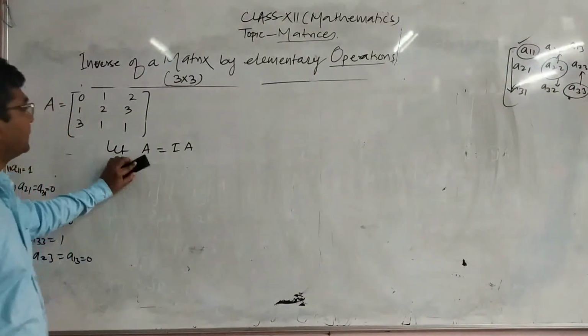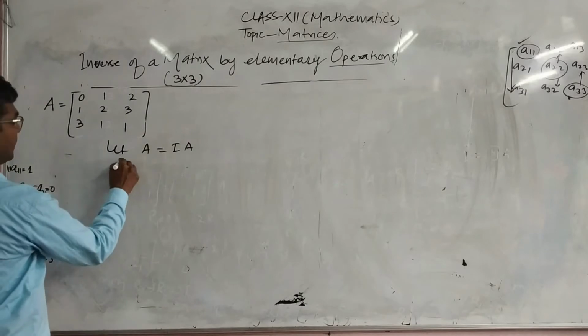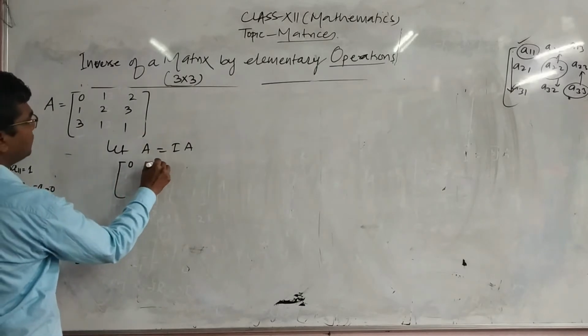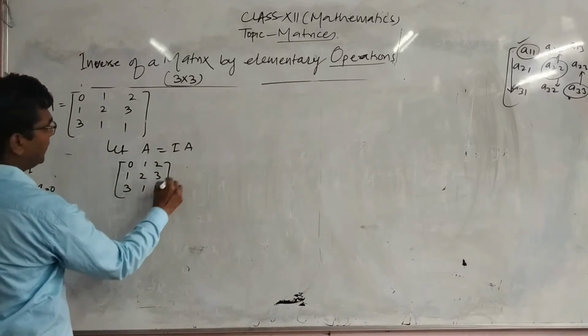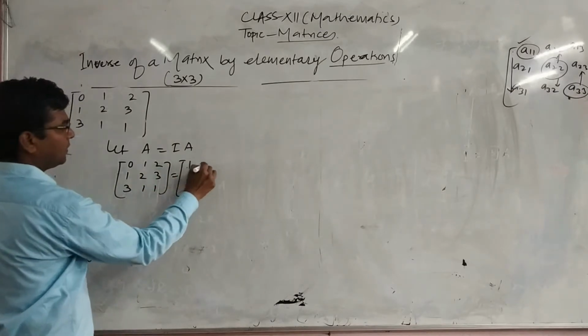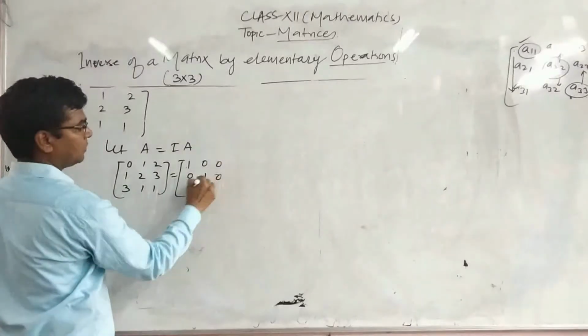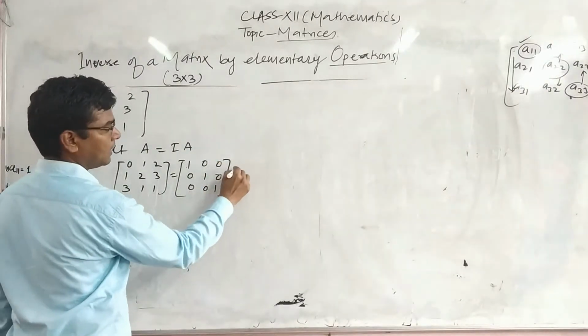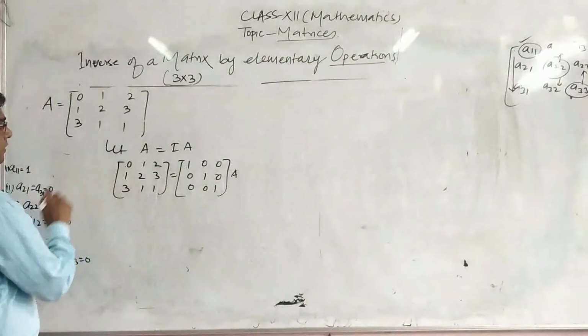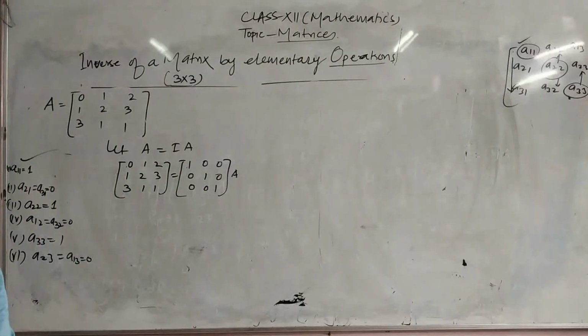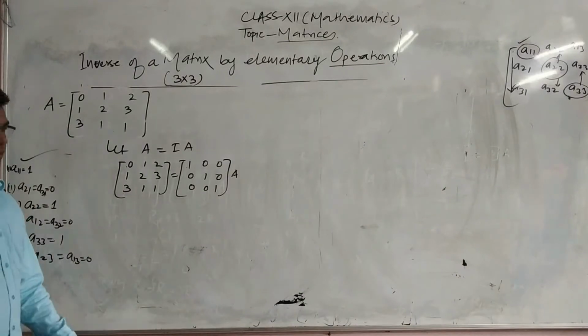So let us start. This is our A: 0 1 2, 1 2 3, 3 1 1, and the identity matrix 1 0 0, 0 1 0, 0 0 1, right? Okay, now we want A11 equal to 1, here it is 0, so it is very easy.